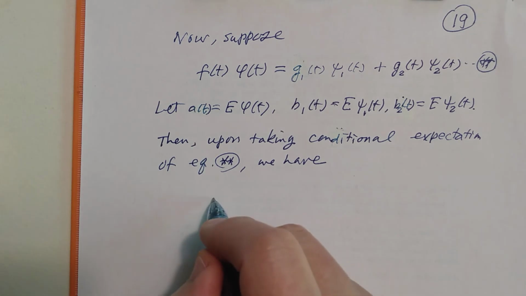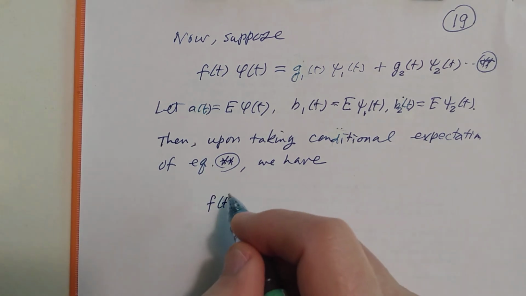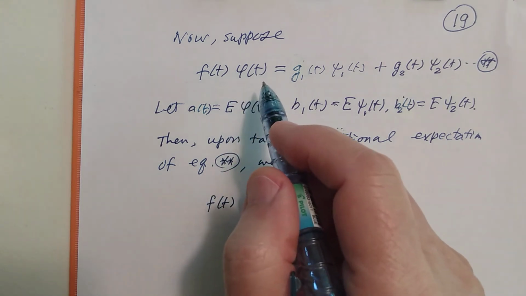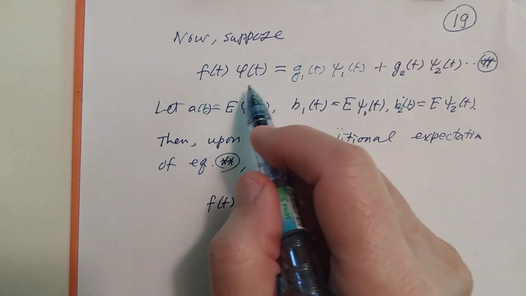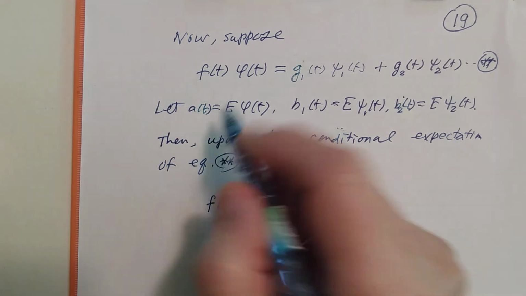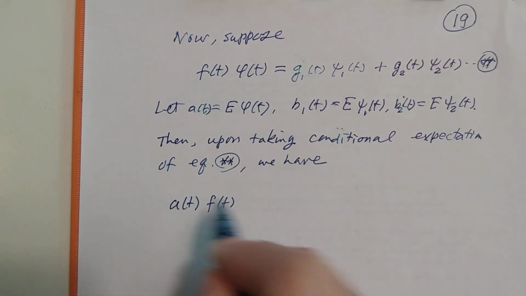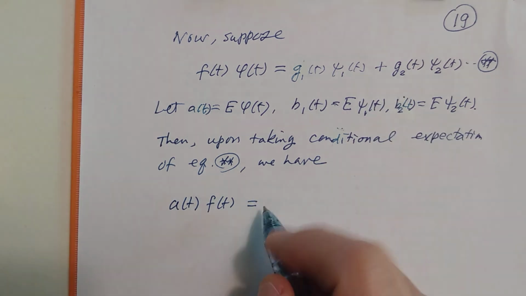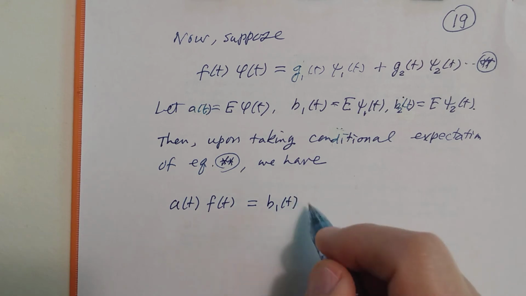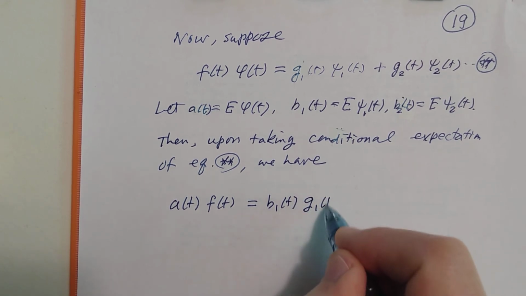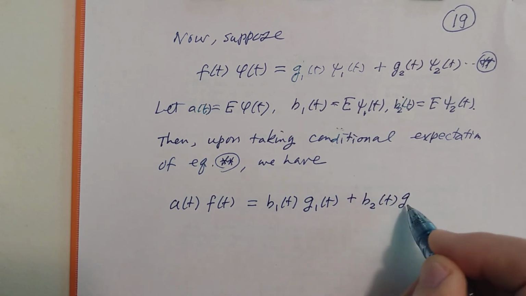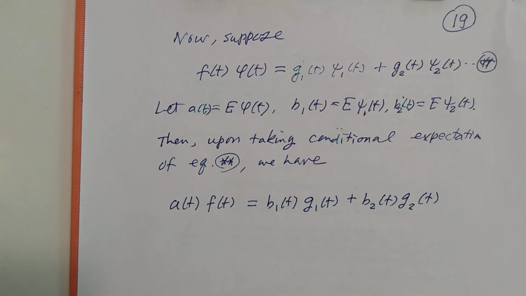Since f_t is adapted, we can pull it out of the conditional expectation. And then the conditional expectation of phi_t, because phi is instantly independent, is the same as the expectation of phi_t, which is A_t. So we have A_t here. And that equals, similarly on the right-hand side, B_1(t) g_1(t) plus B_2(t) g_2(t).